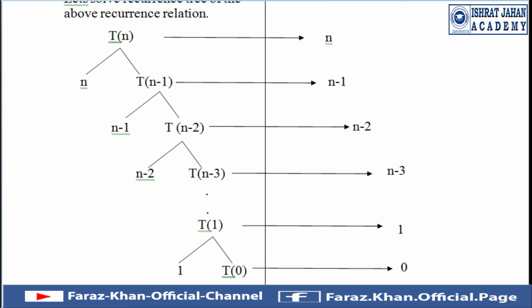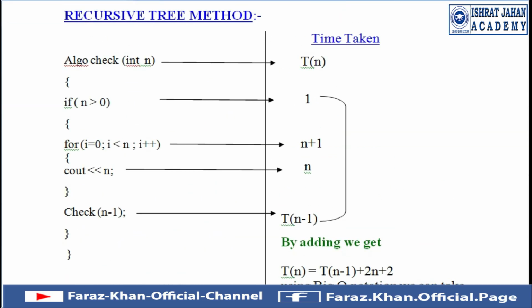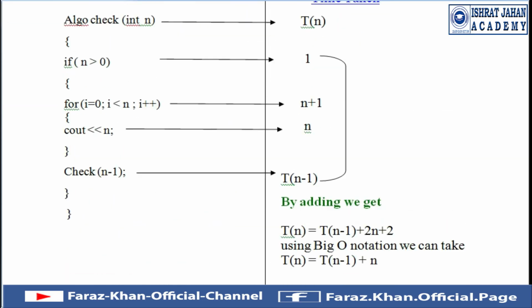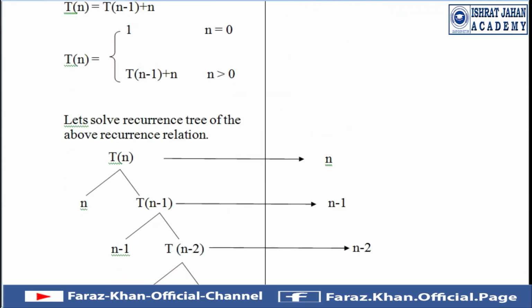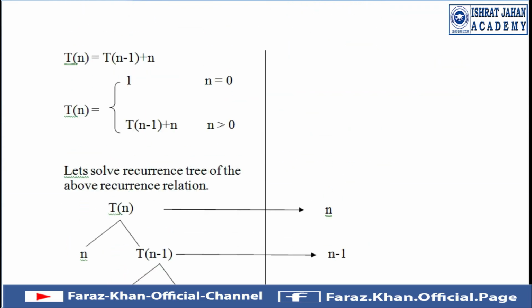Again I am explaining the recursive tree method. This equation we have retrieved from the above algorithm. If n is greater than 0, for this recurrence relation we have got T(n) equal to T(n minus 1) plus 1.